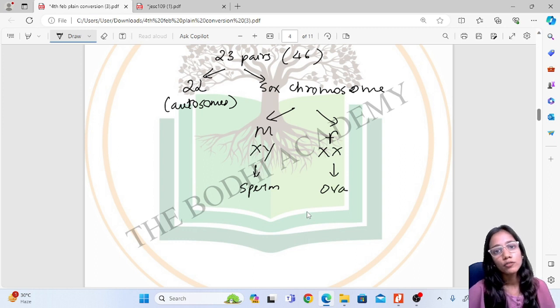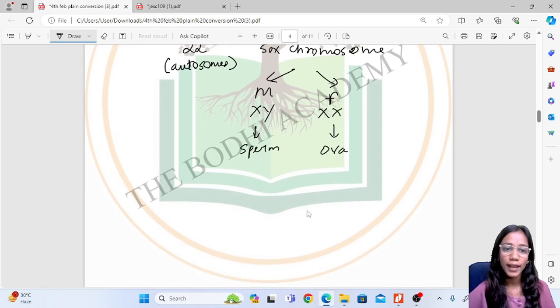Okay, so before reproduction, gamete formation takes place, and gametes are not diploid, gametes are always haploid. They contain only one copy of the chromosome. These gametes are produced by the process of meiosis.